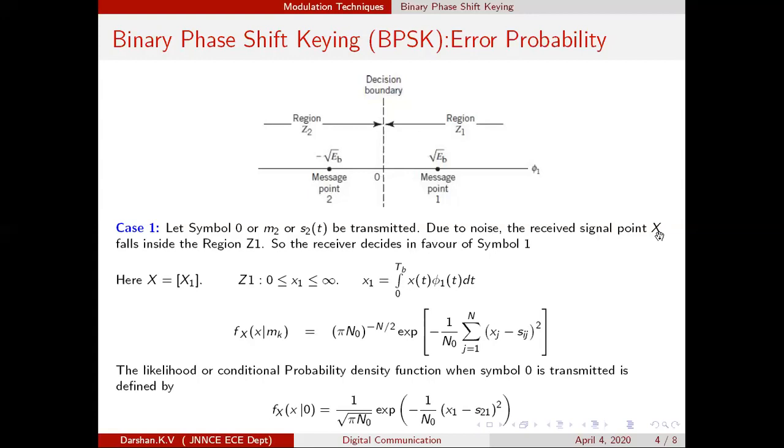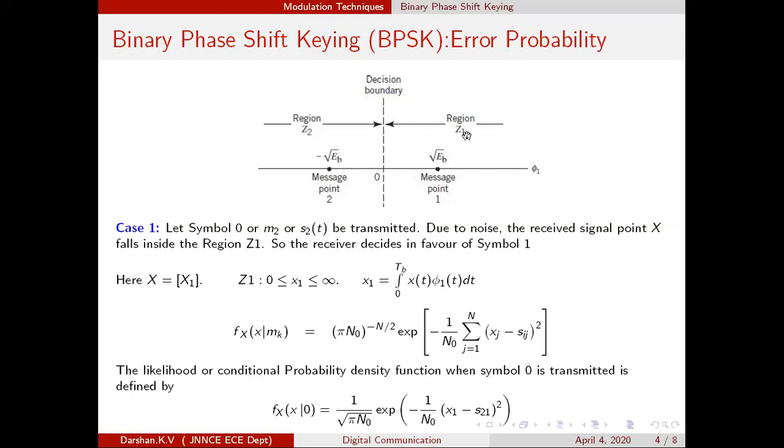The received signal point, don't worry about the letter, worry about the concept, falls inside the region Z1. Why has this happened? Due to the noise. Remember, you have transmitted symbol 0. You got the received signal point, and it accidentally falls in the region Z1.